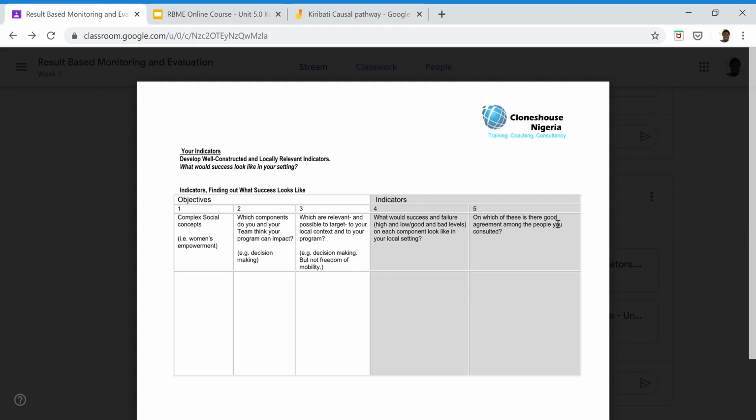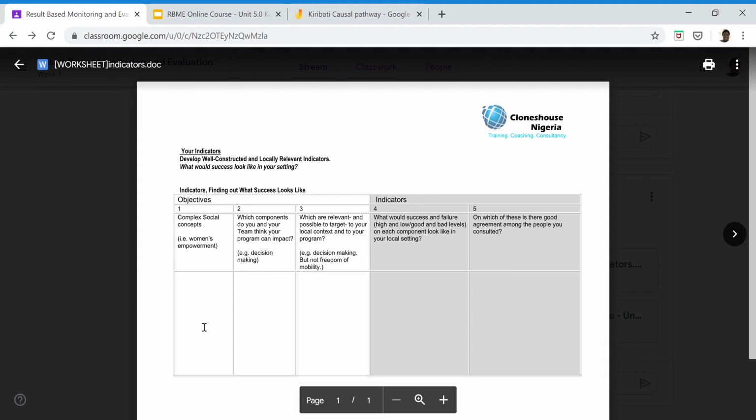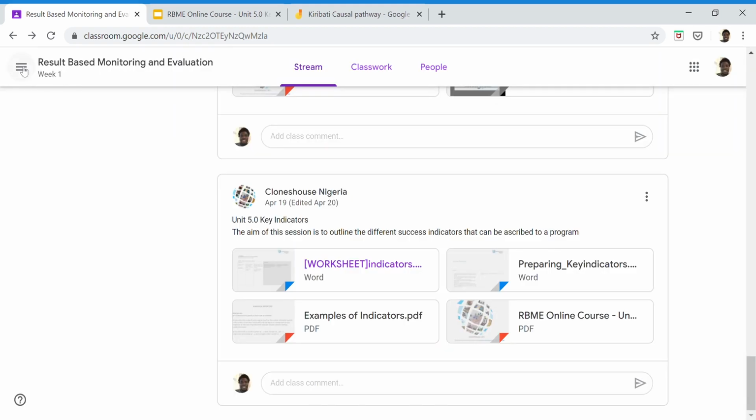On which of these is there good agreement among people you consulted? If you're consulting with people, like we have said before, then put it here. Put their remarks here. So if you have a long list, you can then choose from it. This worksheet might be useful for you. Great if you find it useful.